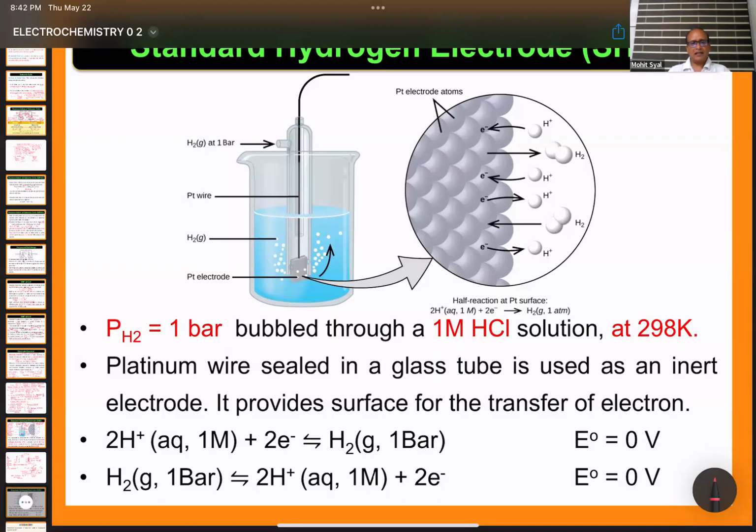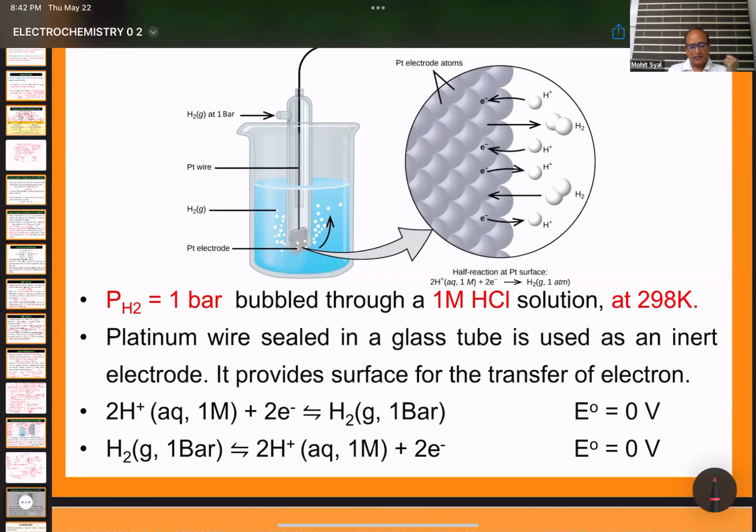What is the purpose of platinum wire? That provides a surface for exchange of electron. Exchange of electron is taking place between what all species? The H plus ions can accept electron. The H plus ion can collide with the platinum wire and that rectangular part which you see at the bottom and get some electrons and change to hydrogen.